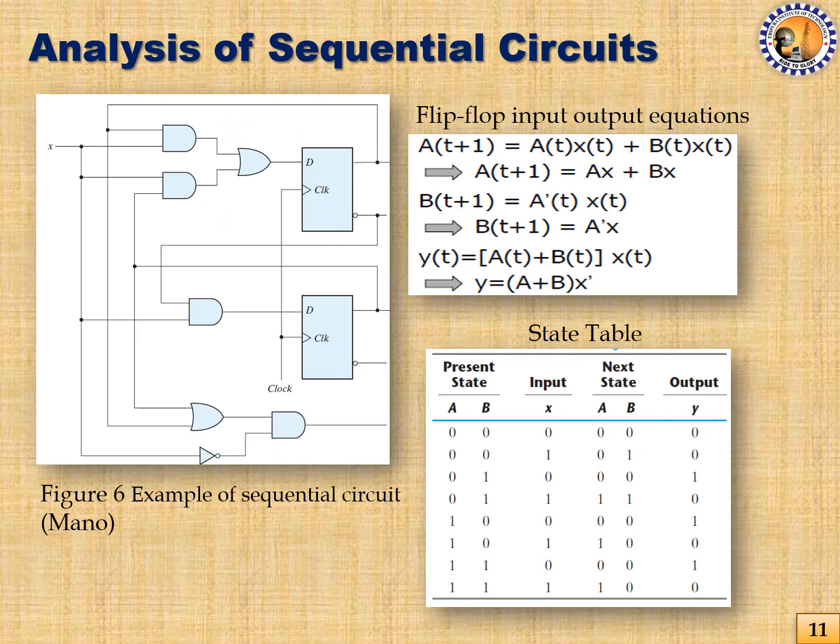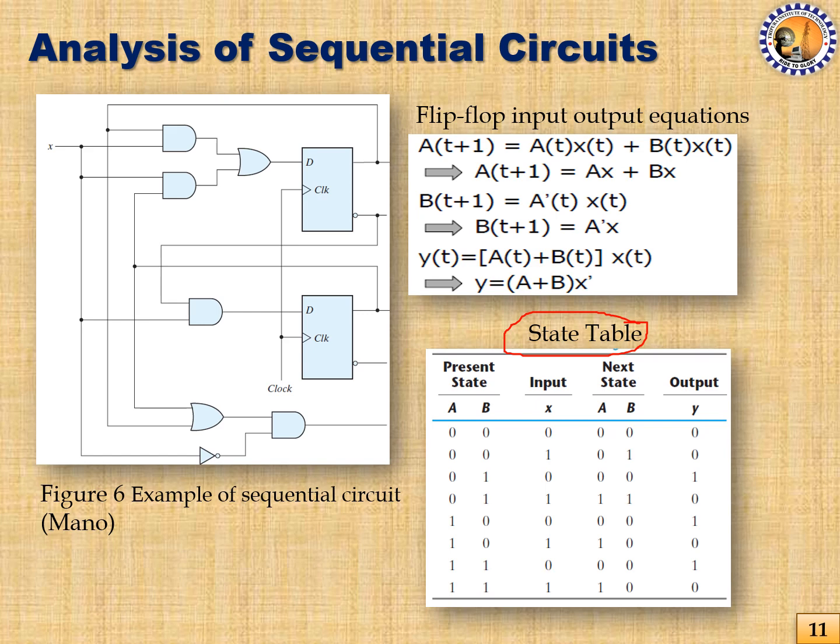Now we work out the truth table, sorry, state table, as has been described over here from the flip-flop input-output equations. Here also we have two flip-flops and one input.